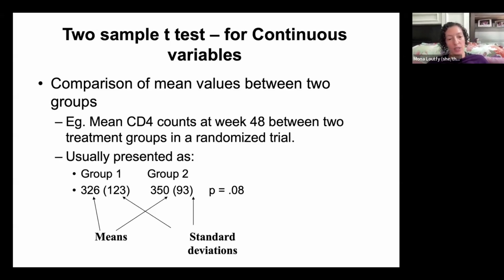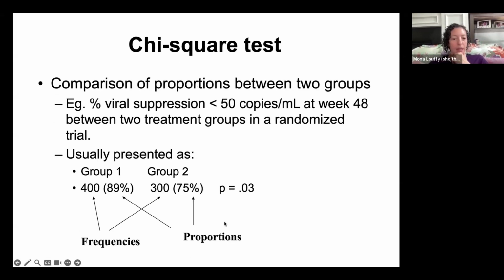Is there a difference between the two? 326 to 350, and the t-test gives you a p-value of 0.08.